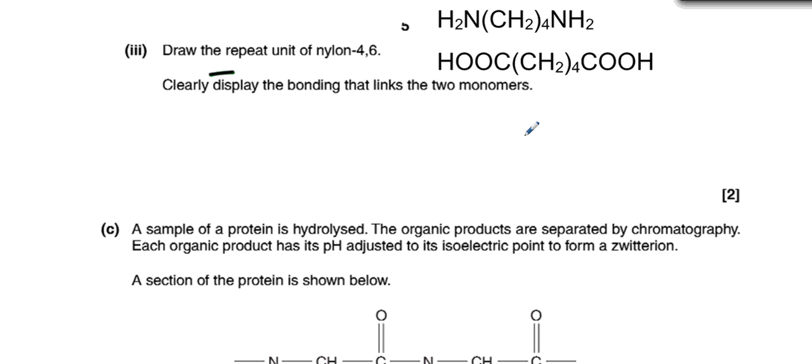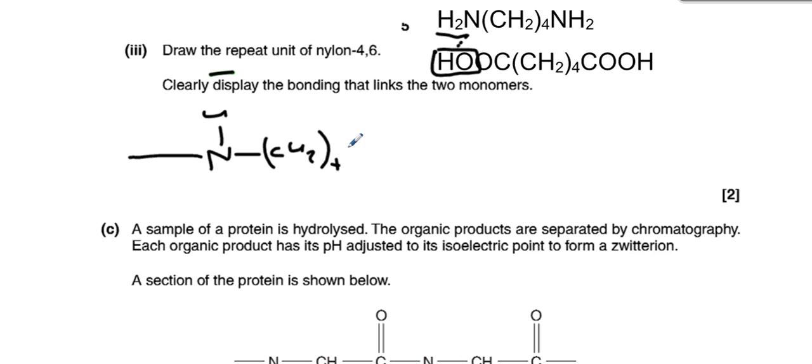So let's have a crack at drawing this. We want to lose this part, and we want to lose one of those H's. So we want to lose an OH there, and one of those H's there. So starting off, N with one H going out to nothing, then CH2 with the 4 around it, N, H. So my first monomer has lost an H from each side.